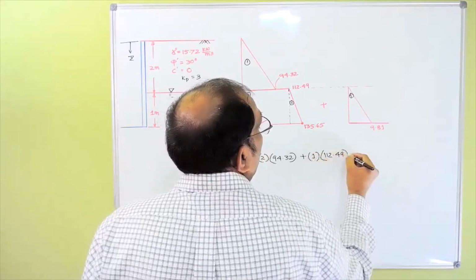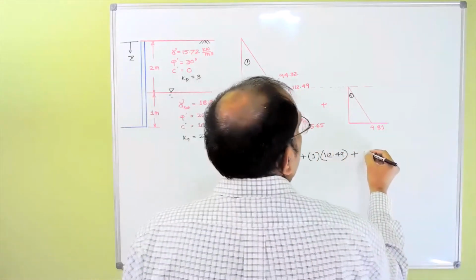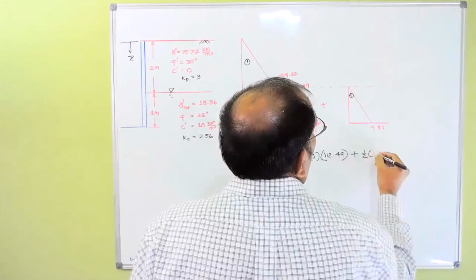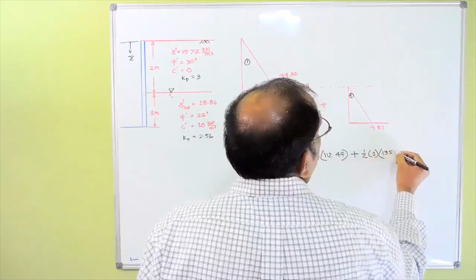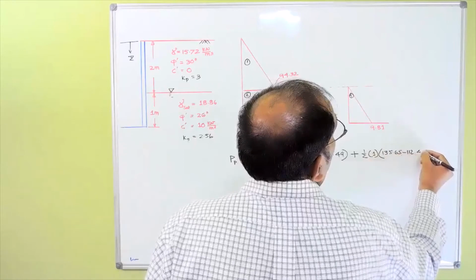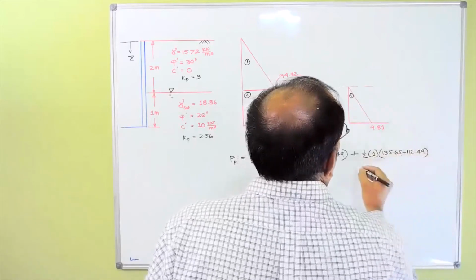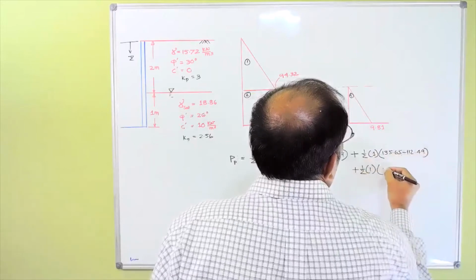112.49 plus this one here, which is half into 1 into 135.65 minus 112.49 plus half into 1 into 9.81.